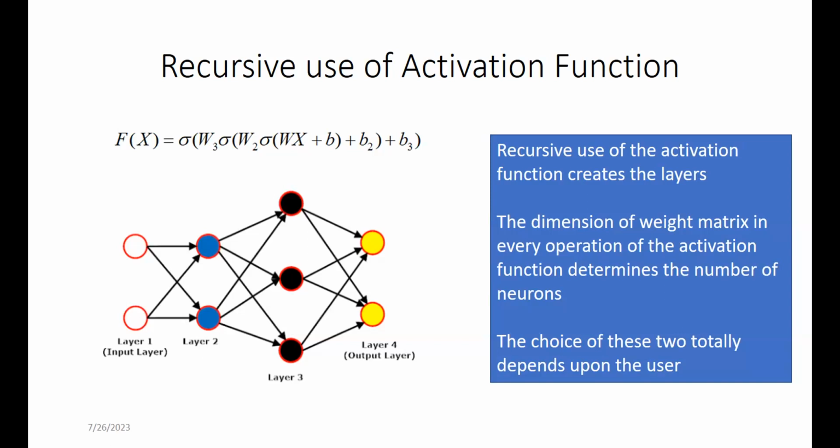And if I say there are 5 nodes in a particular layer, it means I have used a suitable weight matrix which creates 5 nodes in that layer. So this was a simple simplification and elaboration of how the layers are created in an artificial neural network and the number of nodes in a specific layer.